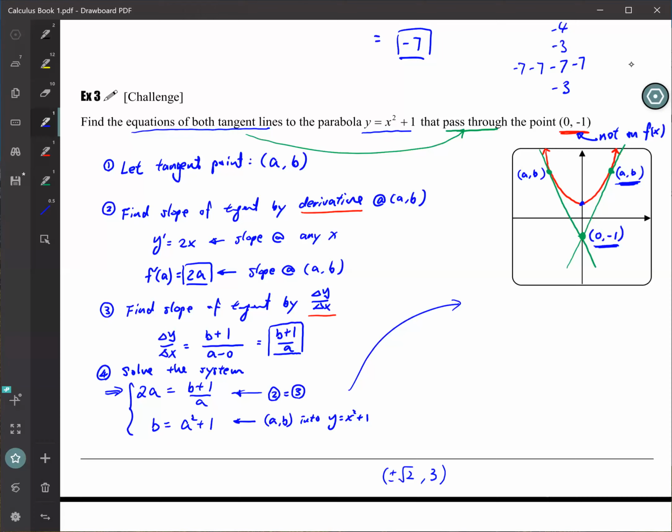How about you, Lex? I've got plus minus root 2 and 3. Okay, feels like that's the point. Please raise your hand if you are able to get plus minus root 2 and 3.